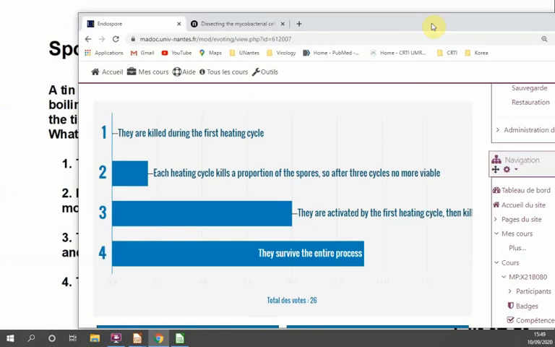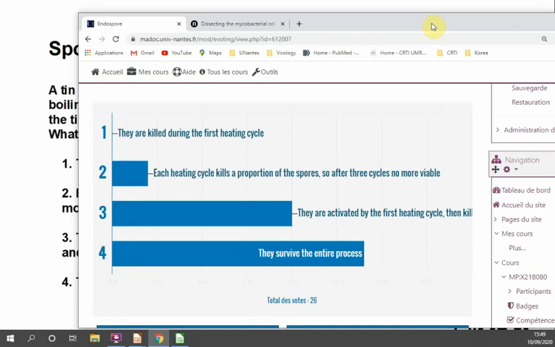So the first cycle activates the endospores, they germinate and become actively dividing cells, and then the second and third heating cycles will kill them. So that's what happens with this process. It's not used very much anymore, but it used to be used in the 19th century to prepare tinned food. They would be heated three times in a row in order to ensure that no endospores survived.